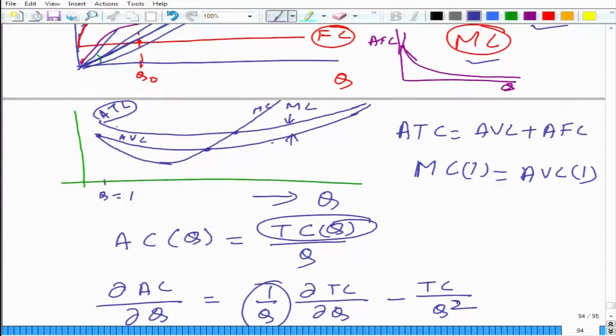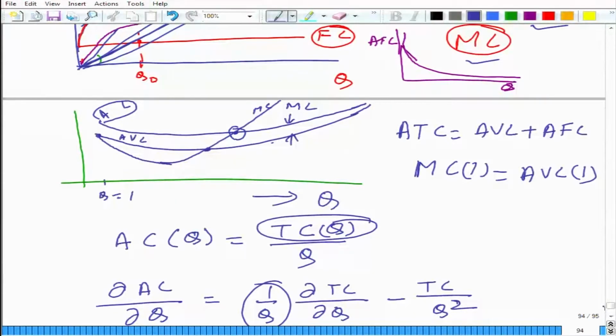MC is lower than average total cost, which means average cost will decrease, and above this point marginal cost is above average cost, so the average cost curve will increase. So, at this point average cost is minimized.